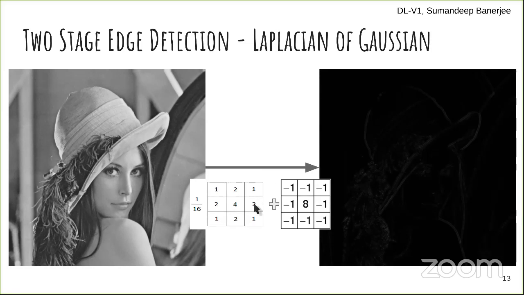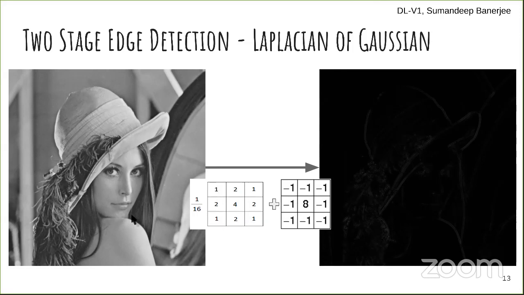The concept of filters gets extended, not just with one filter, but you can actually apply filters in sequence. Like we have seen the Gaussian filter, which is on the left, and on the right this is the Laplacian filter.